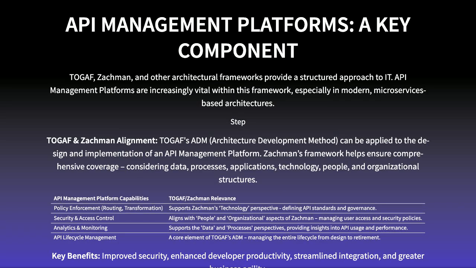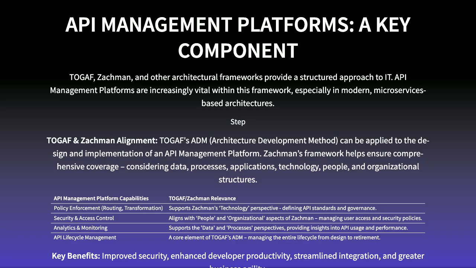Okay, let's talk about API management platforms and how they fit into the bigger picture of IT architecture. We've been looking at frameworks like TOGAF and Zachman to get a structured approach, and API management is becoming a really important part of that. Think of an API management platform as a central hub for all your APIs. It handles things like security, routing requests, and providing analytics.